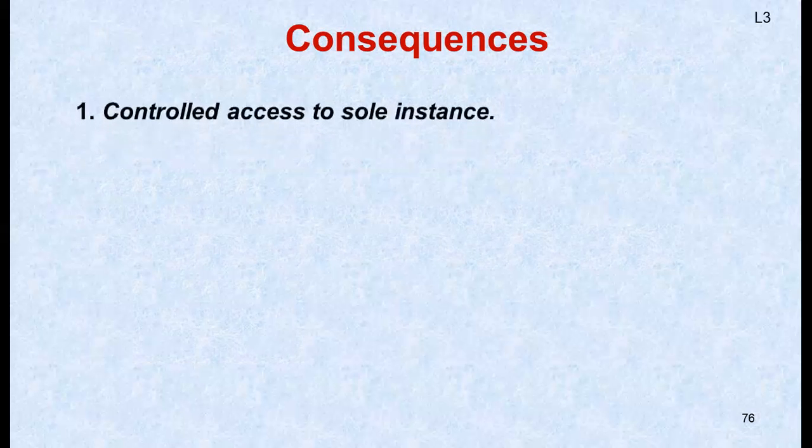The singleton pattern has several benefits, and the first benefit is controlled access to the sole instance. Because the singleton class encapsulates its sole instance, it can have strict control over how and when clients access it.